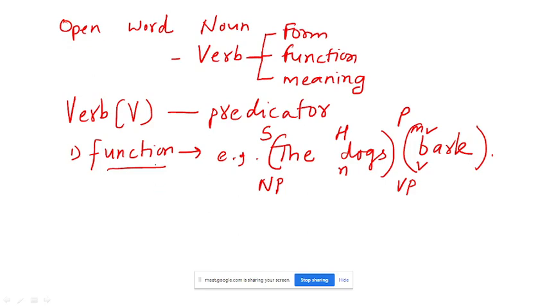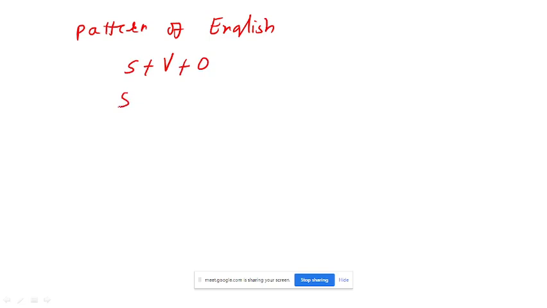For that you have to understand first that the pattern of sentences is generally subject plus verb plus object, or subject plus verb. For example, I killed a rat.